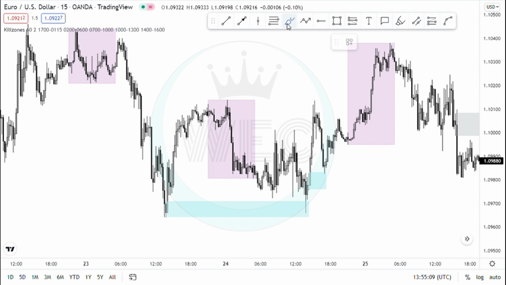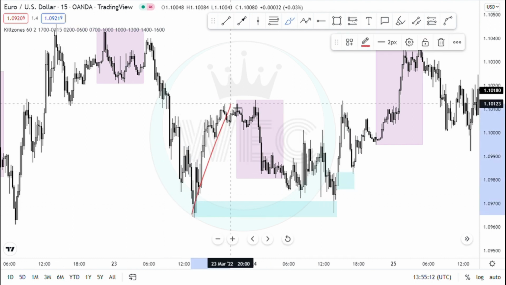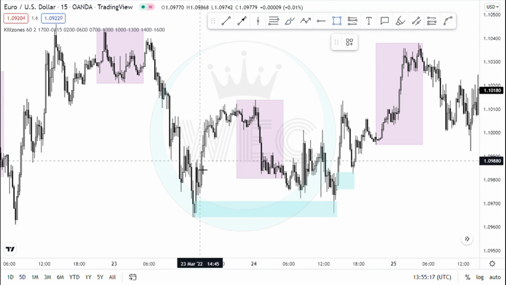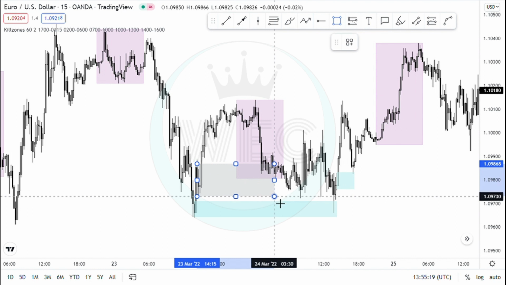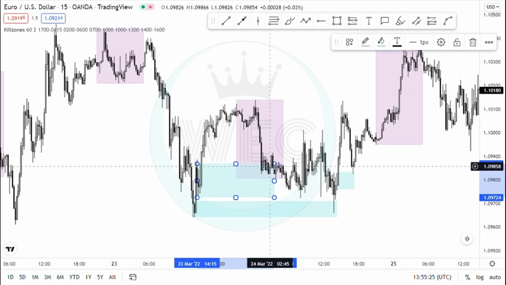So if I look at this swing leg right here, I have two order blocks, right? The first one was here, but I think by now you should find out why this order block failed, right? It has to do with the Asian session inducement.